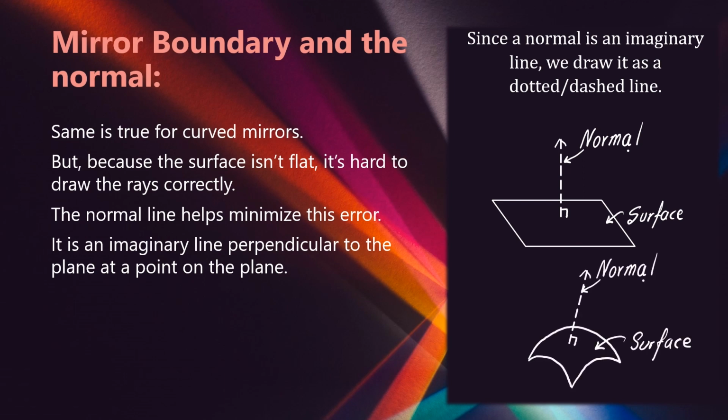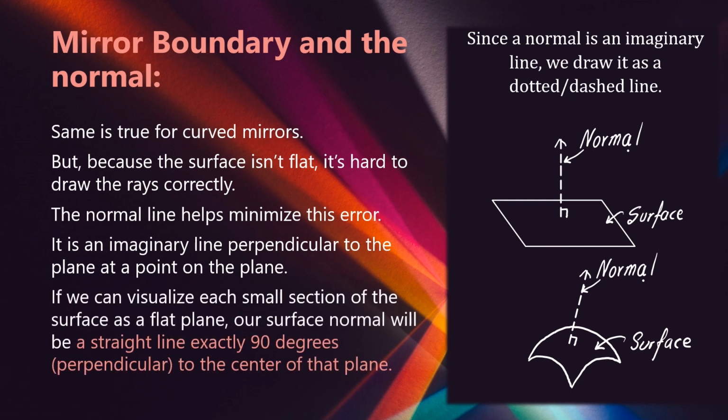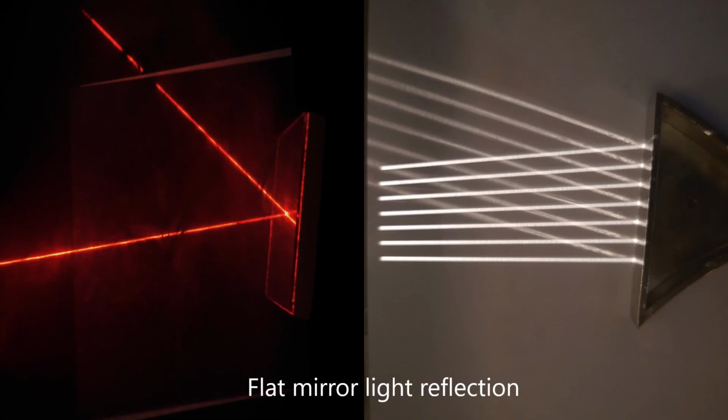But when we do that for a curved surface, you can see there is a difference in the surface, but the normal line can still be drawn. If we can visualize each small section of the surface as a flat plane, our surface normal will be a straight line exactly 90 degrees to the center of that plane. These are images of flat mirrors reflecting light.